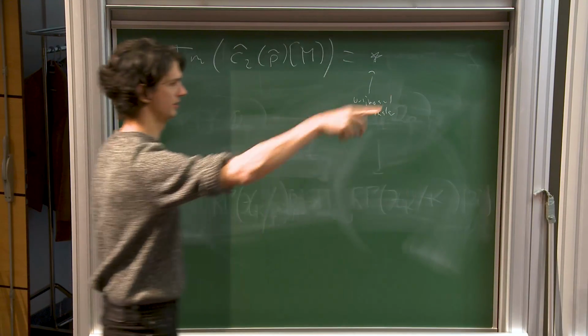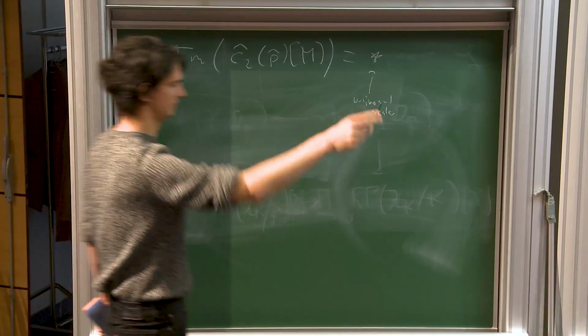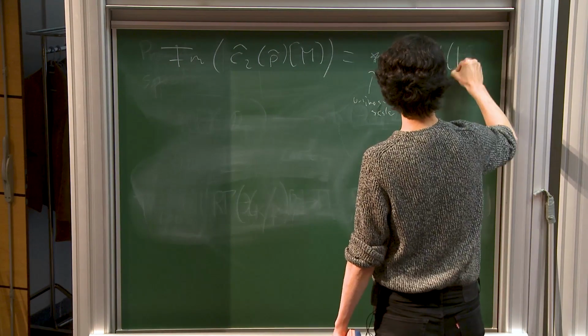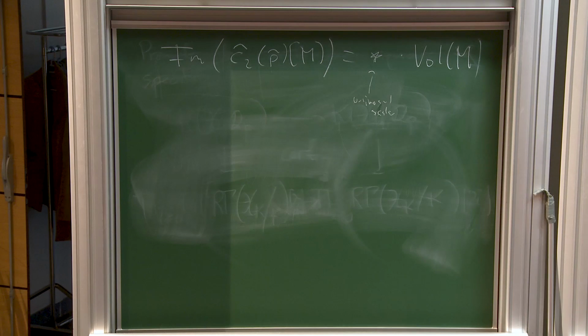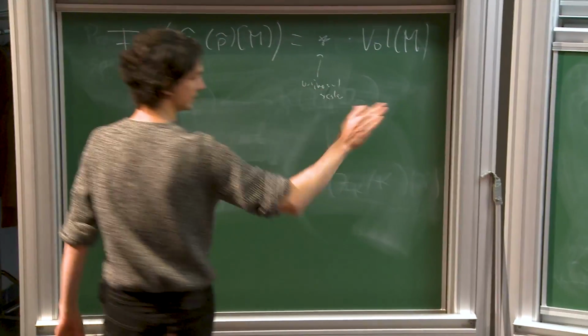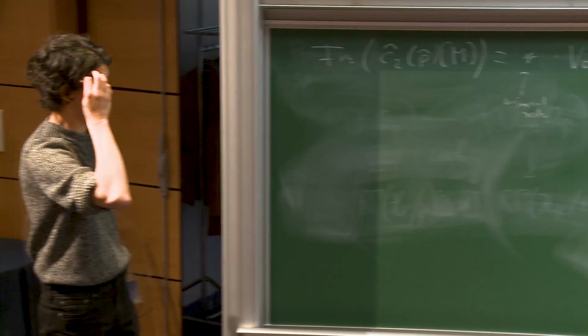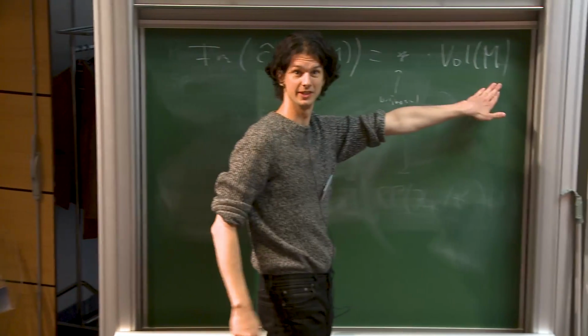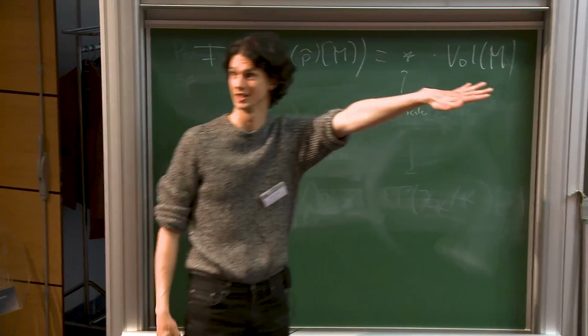It just depends on how you normalize volume of the hyperbolic metric. But this is basically the volume of the three-manifold with respect to the inherited hyperbolic metric. The imaginary part of this so-called Chern-Simons invariant. So it's definitely doing something interesting and non-trivial in this geometric example.